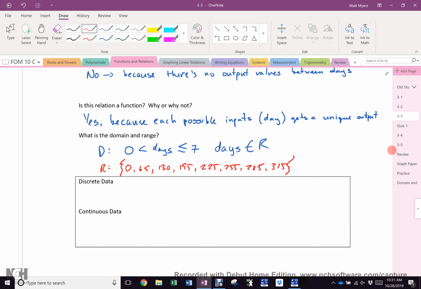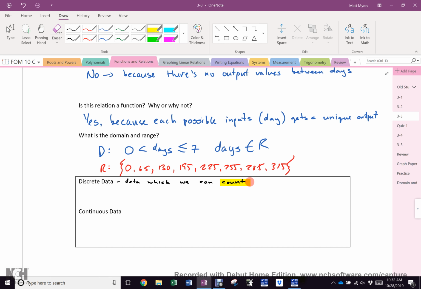That is an example of discrete data because you all have your own height. All right? Okay? So discrete data is data which we can count. Please underline or highlight count.